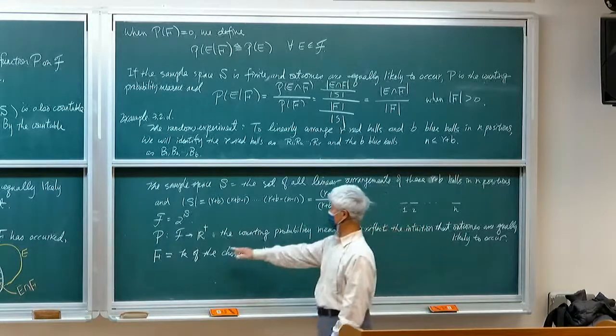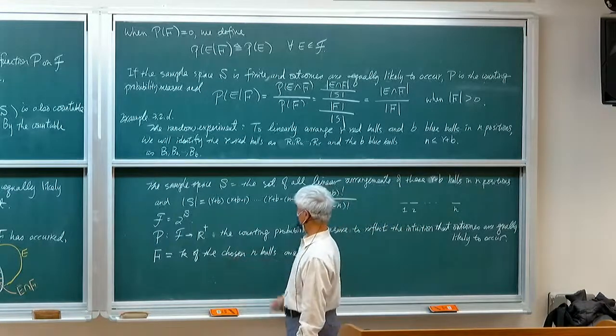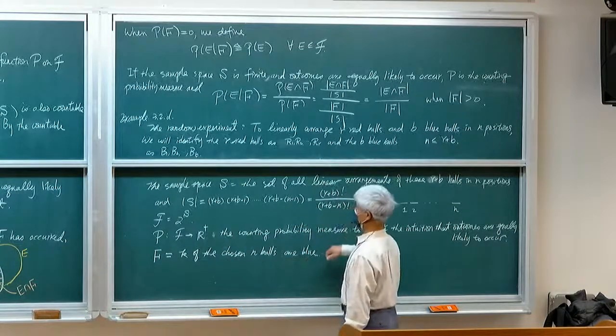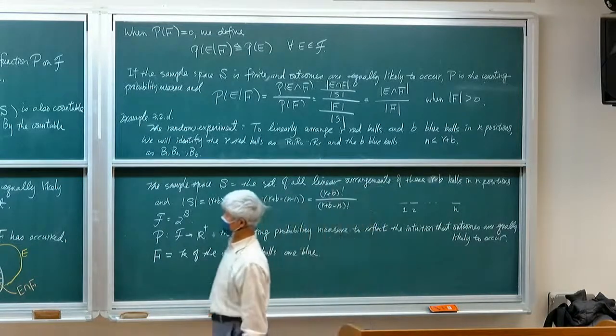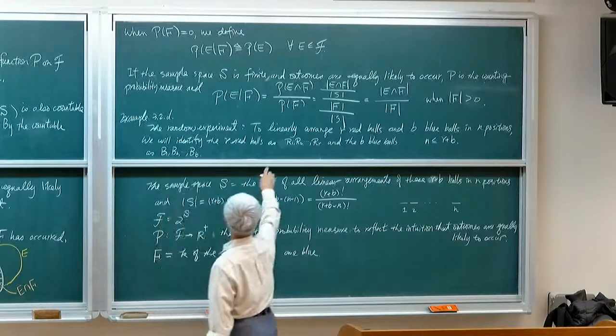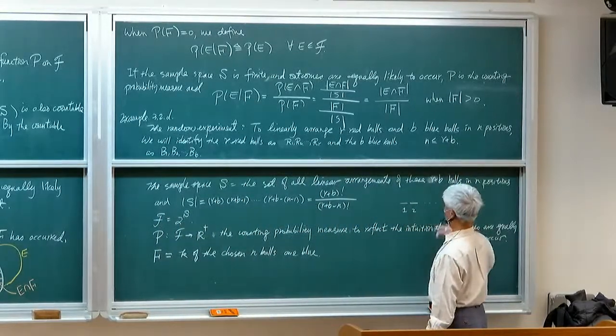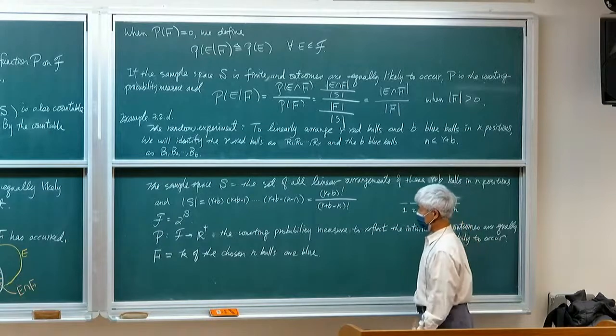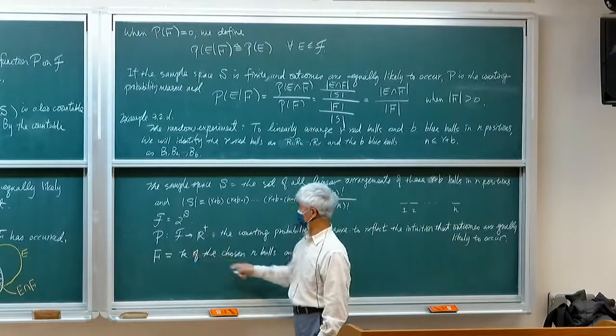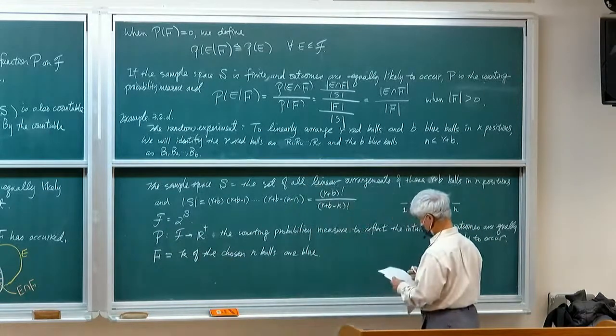Right, so F is the event that K of the chosen n balls, because we choose n balls to put into n positions, and K of the chosen n balls are blue.